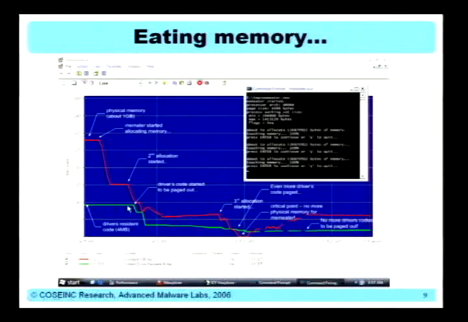So there are two different scales. And we see that at some point, when there was not enough physical memory for those allocations made by the user mode application, the system started paging out kernel mode drivers to the page file, which we can observe by this green line dropping down here.